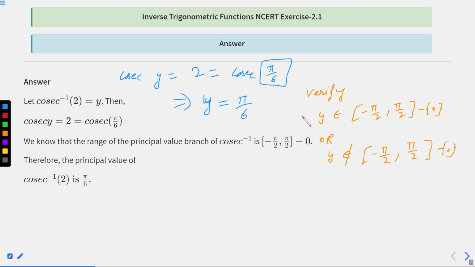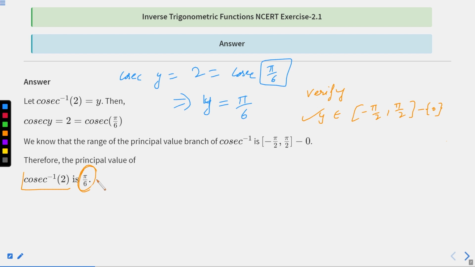If this happens then we are not good to go. In this case you will see that y is less than pi by 2 but greater than minus pi by 2. So this means that our principal value for this is pi by 6. I hope that you are getting the steps. Let's move to the next question.